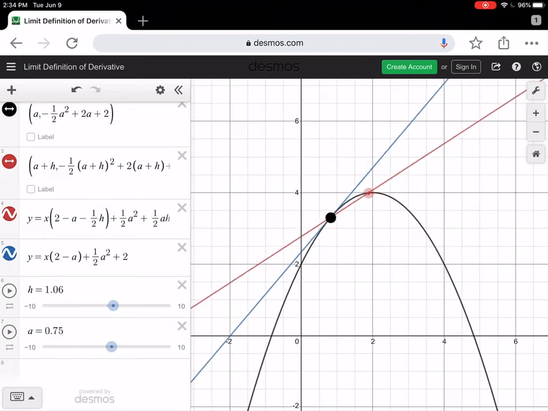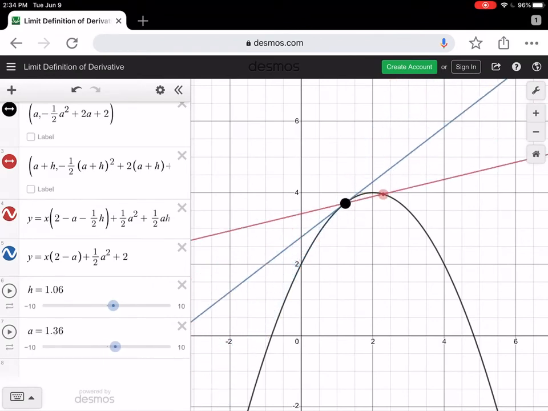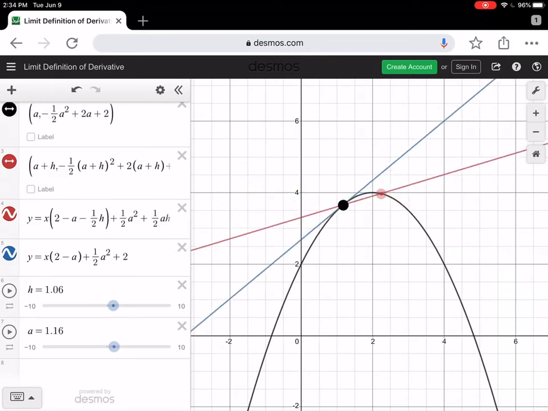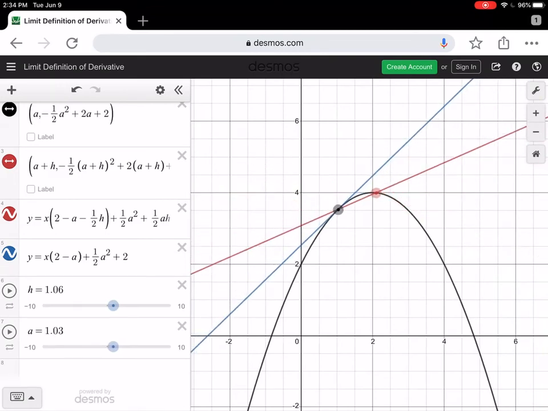I could move it all the way down here, I could move it right here. That point seems kind of important. Might be something we think about later on, but let's just say for the sake of argument right now it's right around 1.